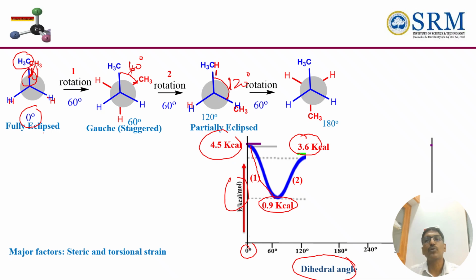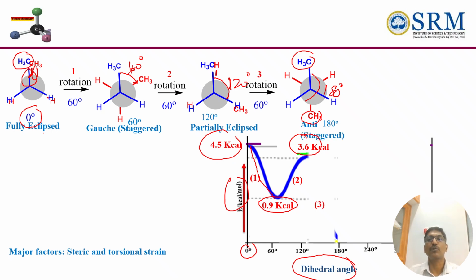Then when you do one more 60-degree rotation, that results in a 180-degree dihedral angle, where the two methyl groups are far away from each other, opposite each other, maximally separated. Both steric and torsional strain are at their absolute minimum in this case.